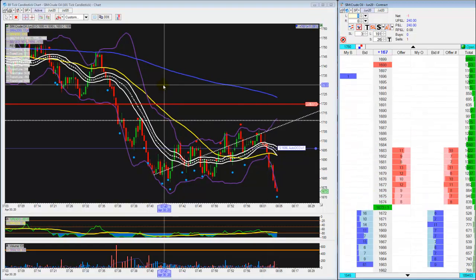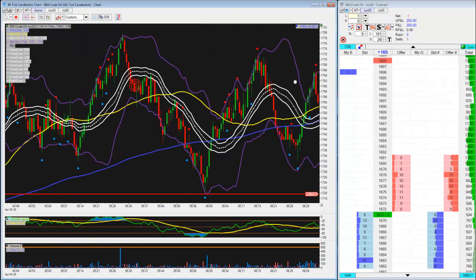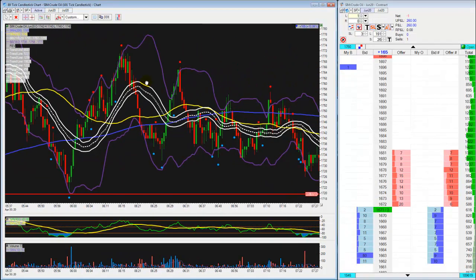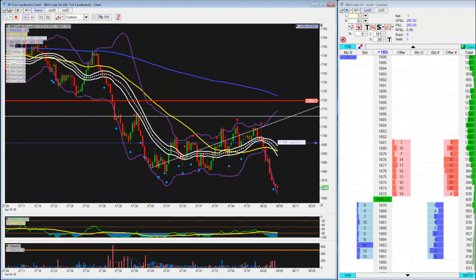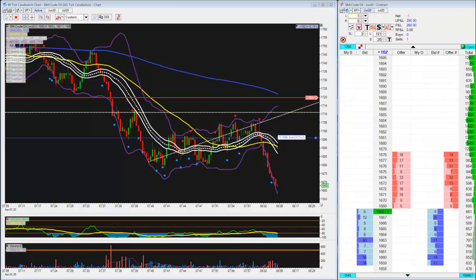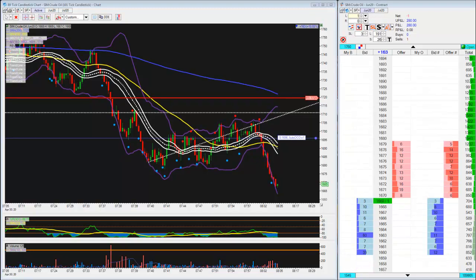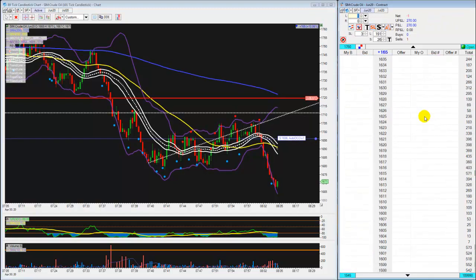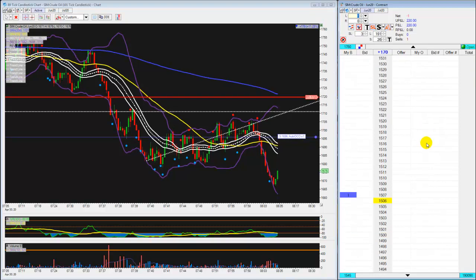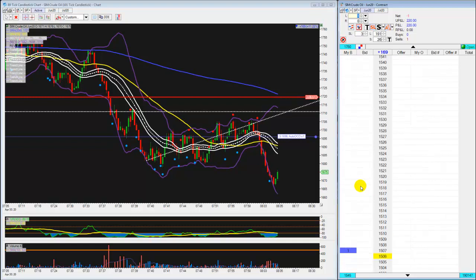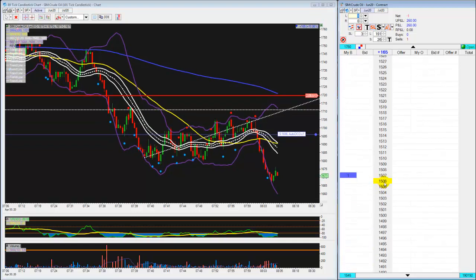Alright, so I'm going to measure a 3P from the high, which would be 1780 right now. That puts it at 1589. Let's keep that in mind, 1589. Settlement line at 1507. That's actually not bad.